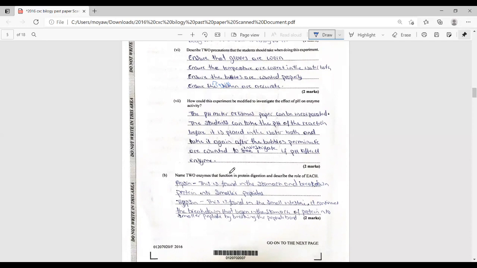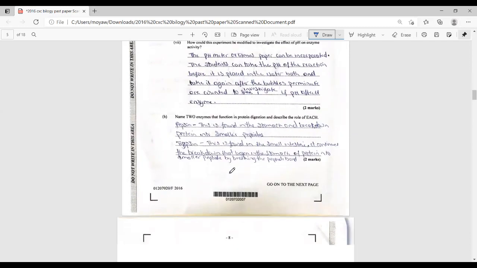Another thing you can do, you don't have to take it before, you could just take it after, whenever the reaction has completed, just to see if the pH is going to affect the enzyme reaction rather.